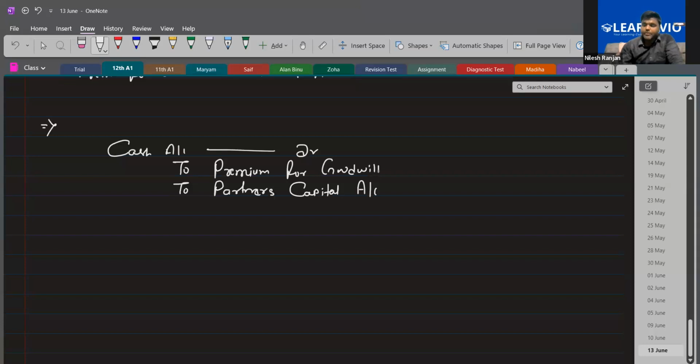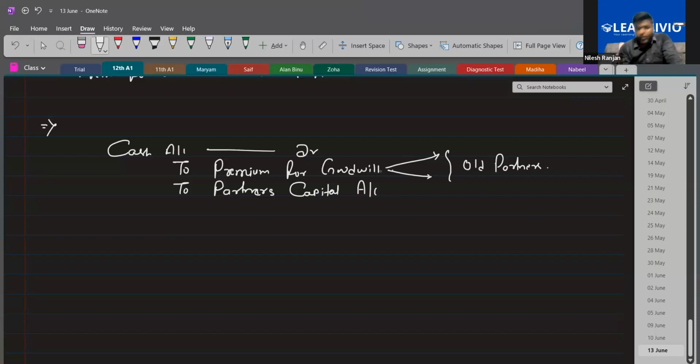Premium for goodwill, you can say, is like a liability for the business, because this is not the income of the business. Generally, liability or income is written on the credit side. So it is not income. It is to be distributed between old partners. So that's why it is a liability.